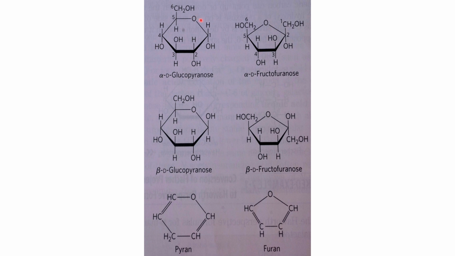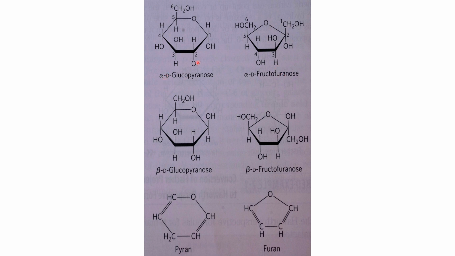We have in here an internal ester linkage, and we number the carbons, and we can either have a 6-member ring or 5-member ring, and so we talk about 6-member rings as pyranoses and 5-member rings as furanoses, and these are some examples.